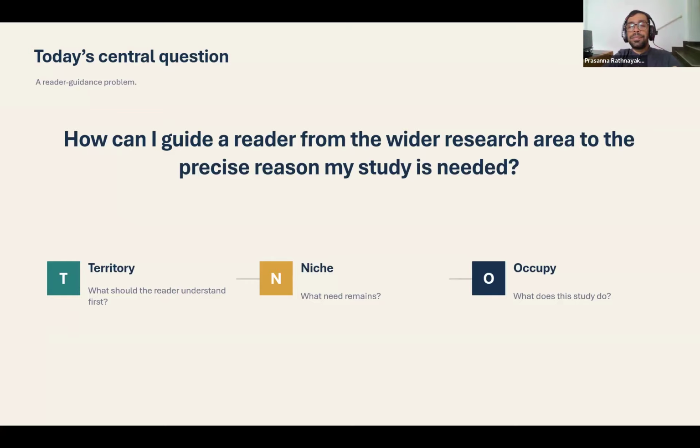Good. This is not only a language question. It's also a thinking question. It reflects a lot of the way that you think and the way that your reader thinks. If the reader cannot see the need for the study, don't expect the reader to go on valuing your method or results or the contribution. So first give the reader the need for the study.